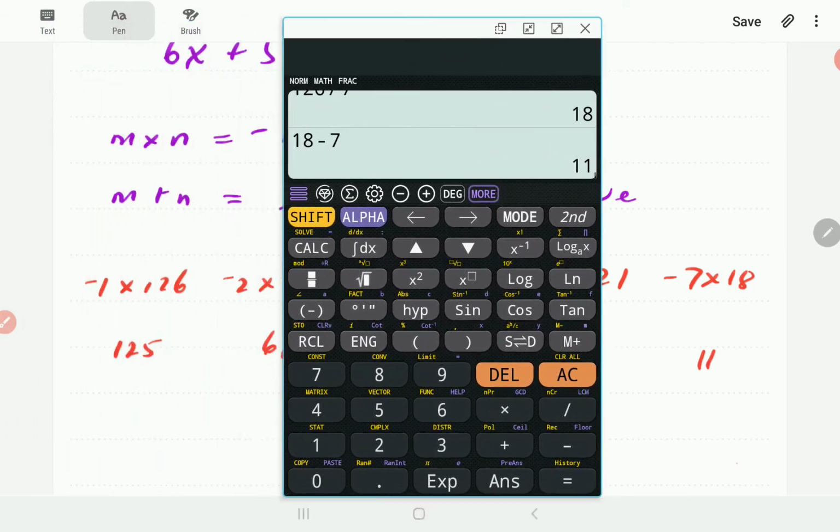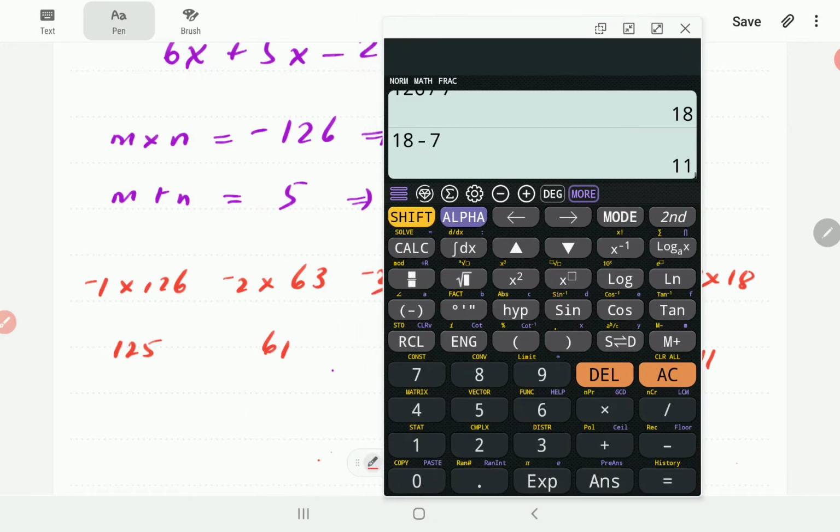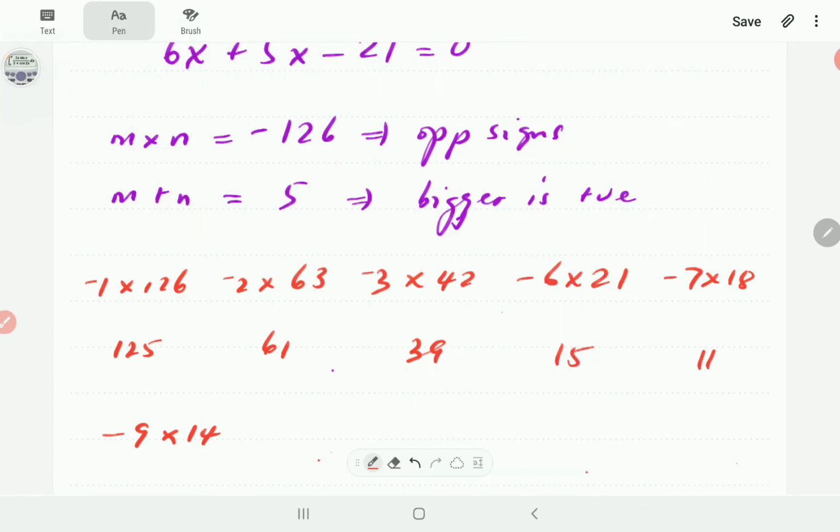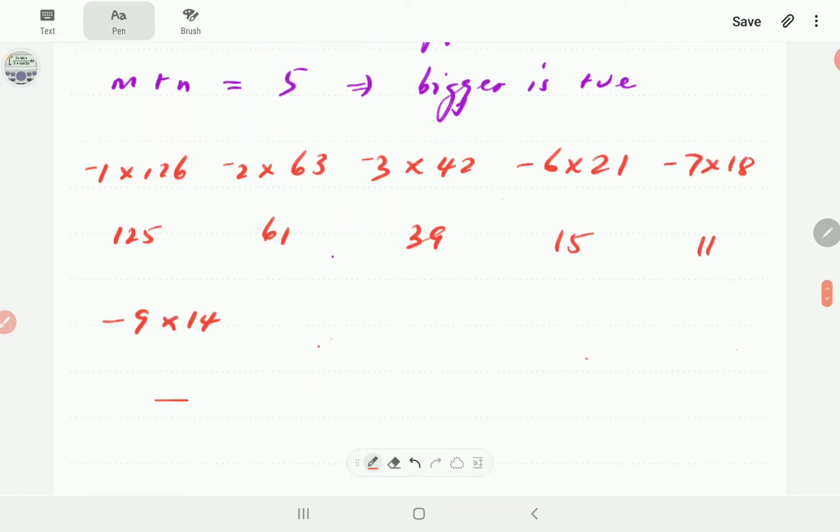Then the next one, let's try 8. 126 divided by 8, that one doesn't go, so 126 now divided by 9, it goes 14 times. So we're going to have negative 9 and 14, and negative 9 plus 14 is 5, which is the same as that.